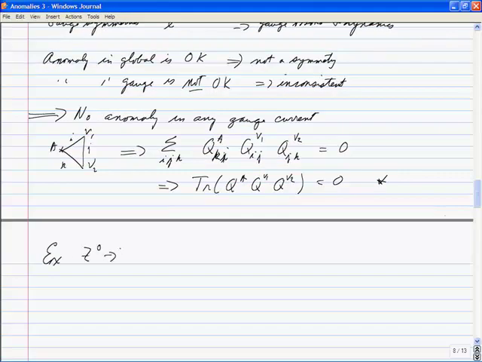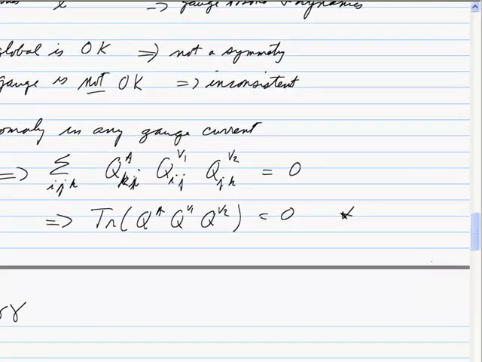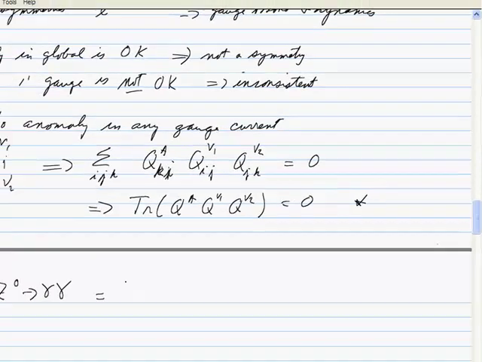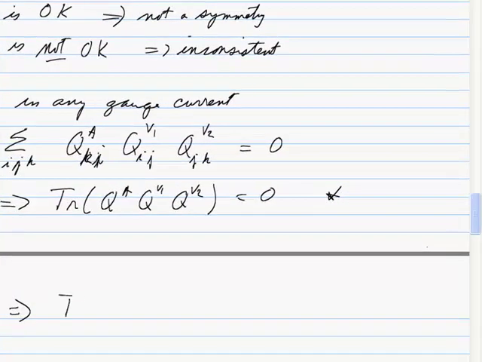Let's take the Z0 to gamma gamma vertex. Okay, so Z0 has an axial current. The two photons are vector currents. This says then the trace of tau 3 Q squared had better equal 0.